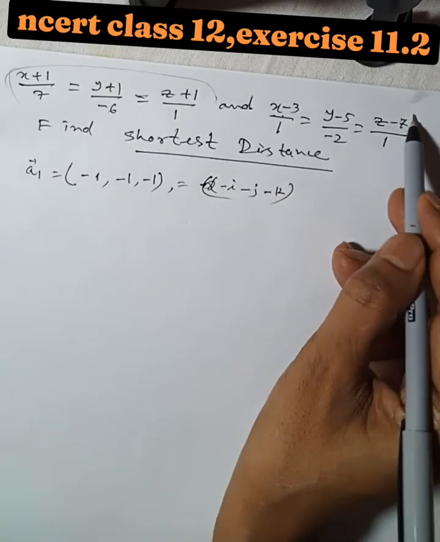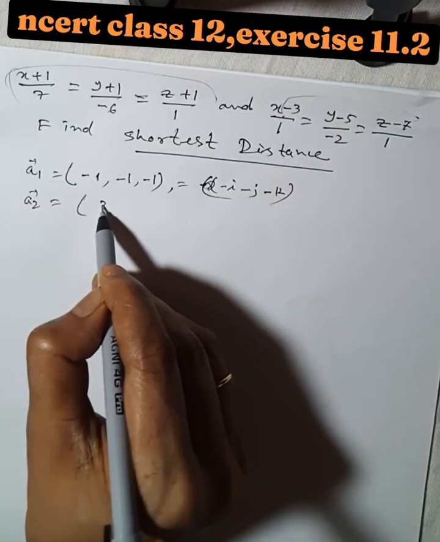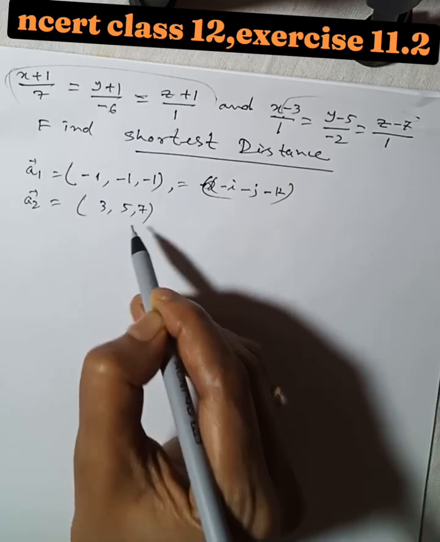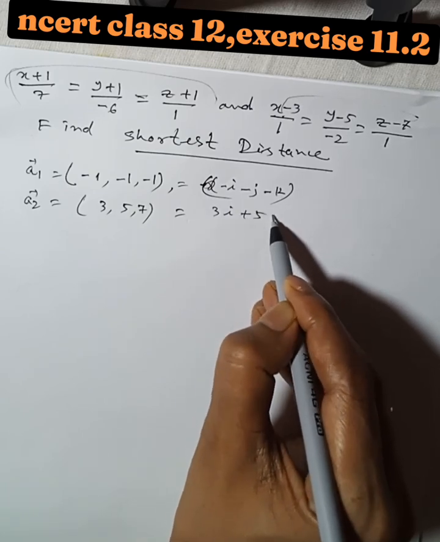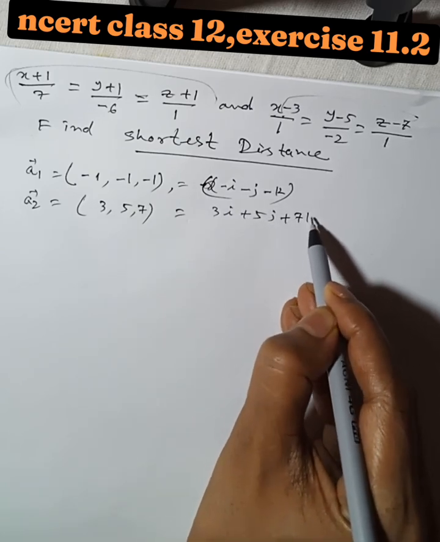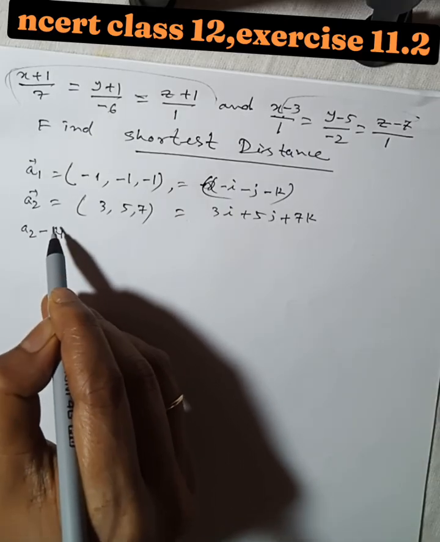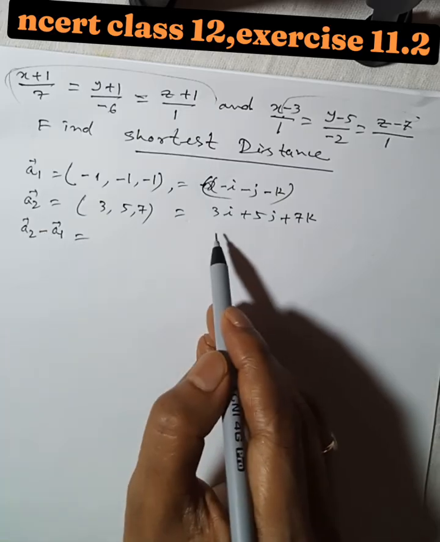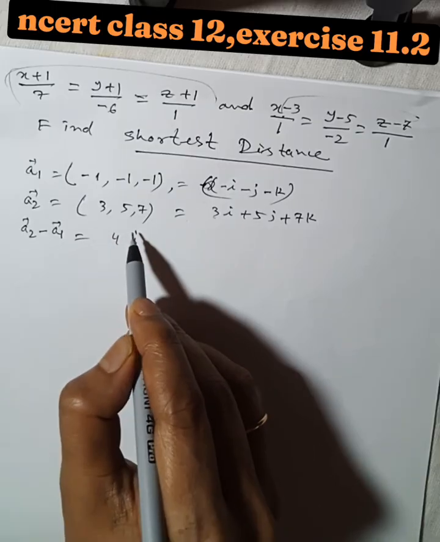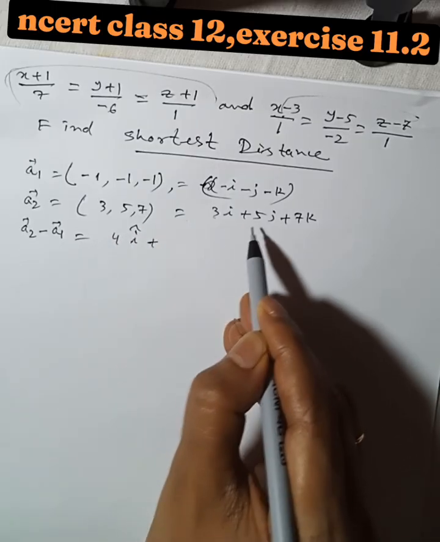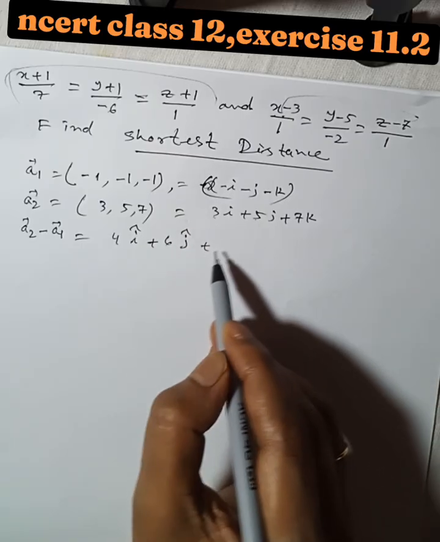And this line is passing through the point 3, 5, 7; let a2 be the position vector 3i plus 5j plus 7k. Now a2 minus a1 is (3 minus 4)i plus (5 minus 6)j plus 8k.